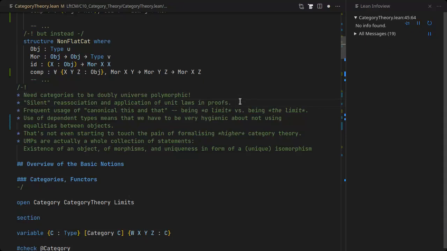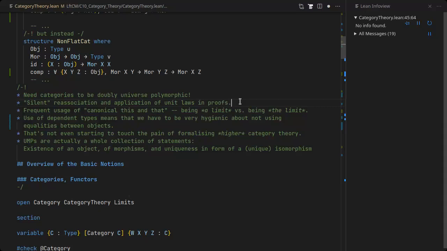It's one of the places where associativity and the unit laws are just considered a given. So their proofs in books will be much easier than having them actually in Lean. Though this is a part where the automation in Lean, like simp, for example, or the simplifier, can actually help us a lot.